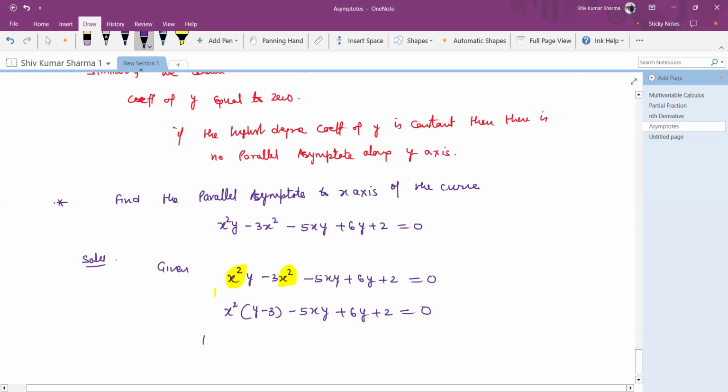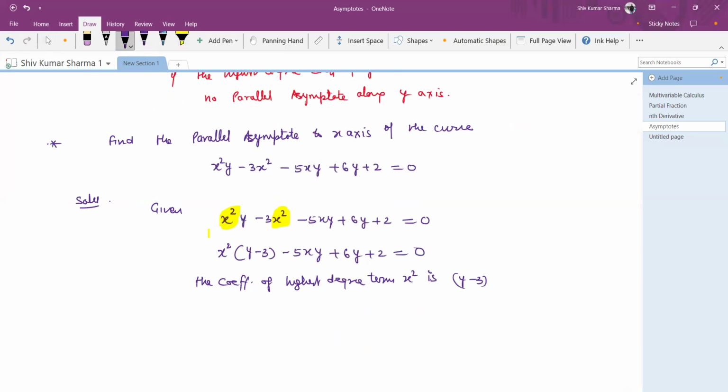So the coefficient of the highest degree term x square is y minus 3. We put this term equal to 0, so we get the parallel asymptote along the x-axis.